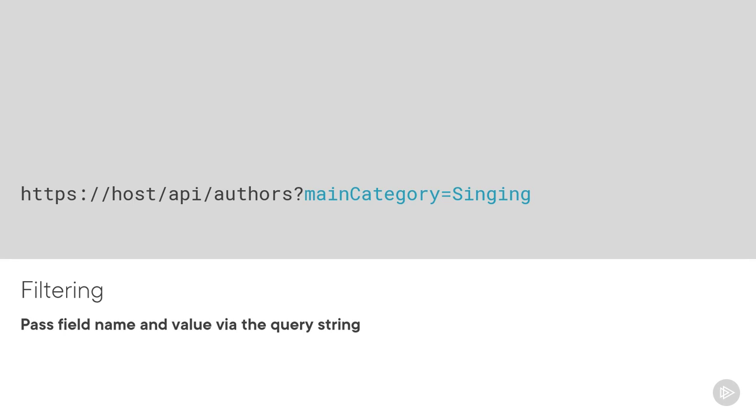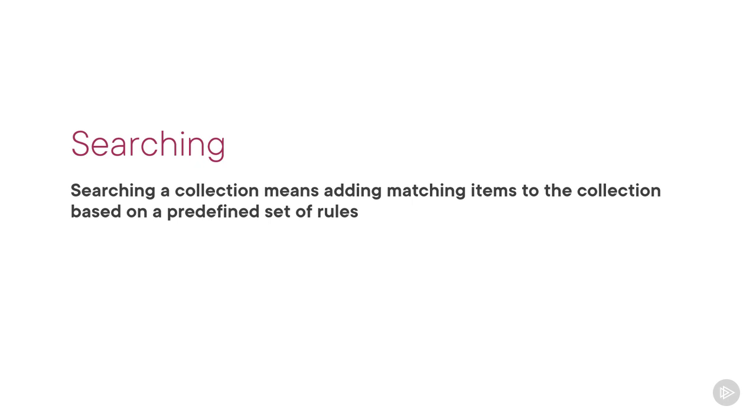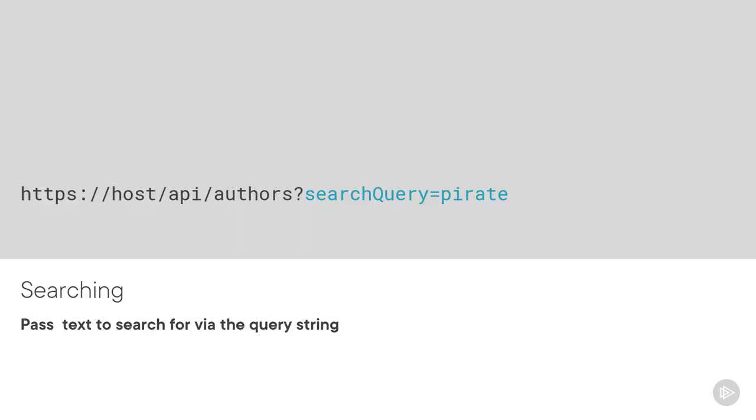Filters can be quite complex. Searching searches for matching items in a collection based on a predefined set of rules. It often goes beyond filtering. For searching, we don't pass in a field name that should match. We pass in a value to search for, and it's up to the API to decide which fields shall be searched for that value.